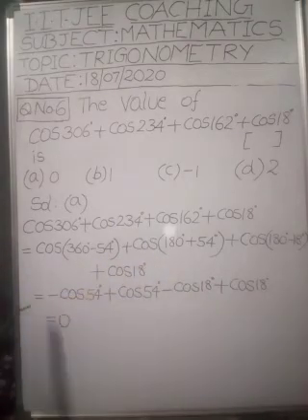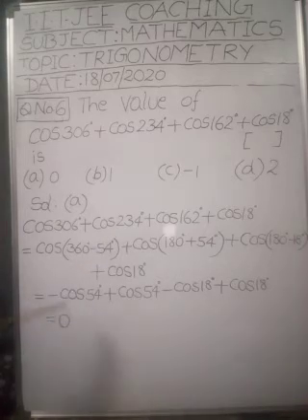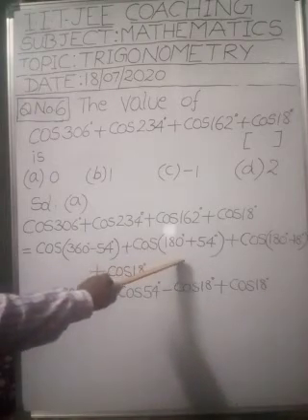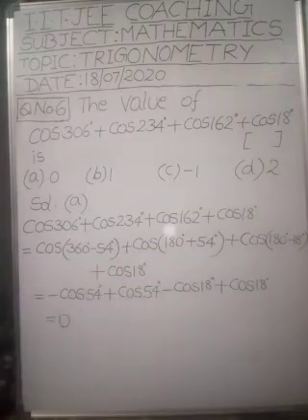Right. The first term is in the form of cos of 360 minus theta. What will you get? Minus cos theta. So minus cos 54 degrees. Come to the second term. It is in the form of cos of 180 degrees plus theta. What will you get?